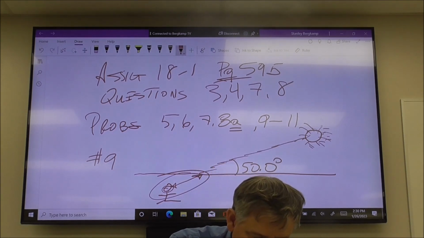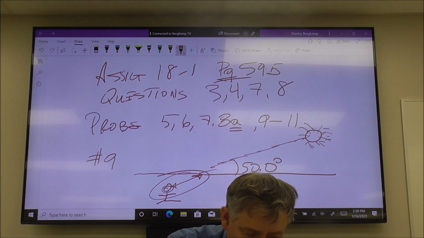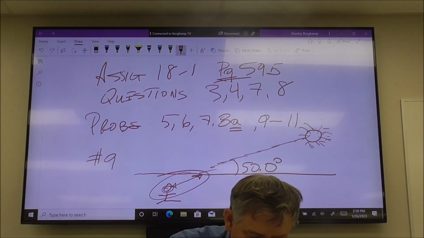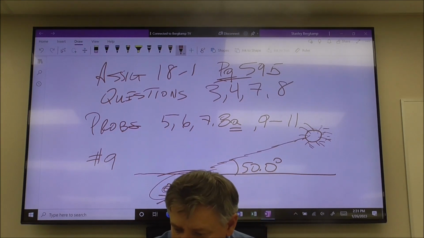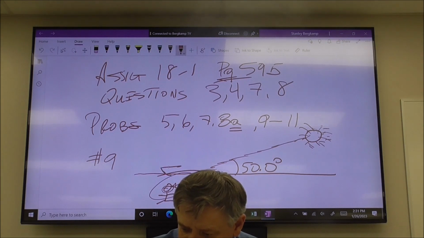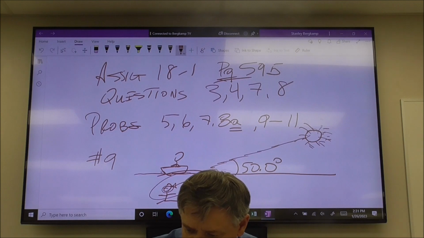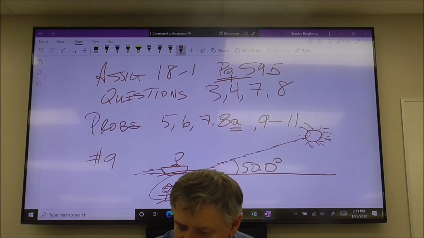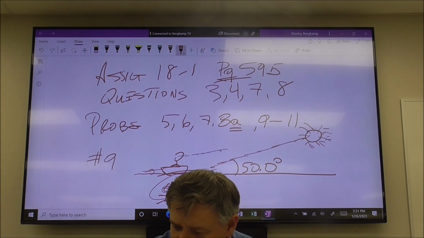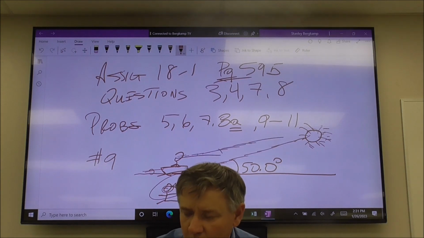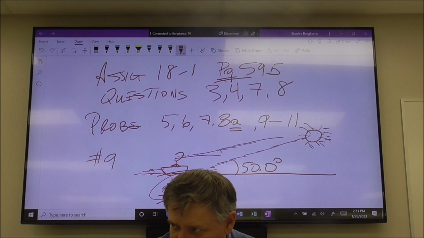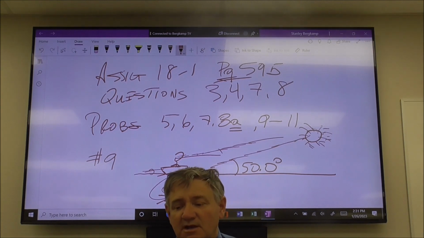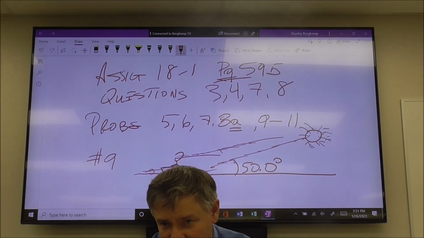What you're asked to find is how high is the sun above the horizon to a fisherman in a boat above the diver?